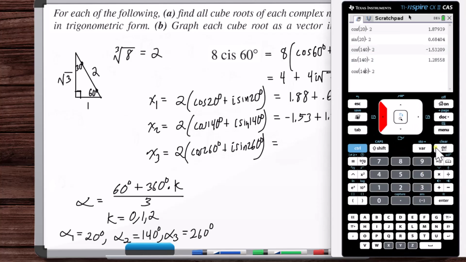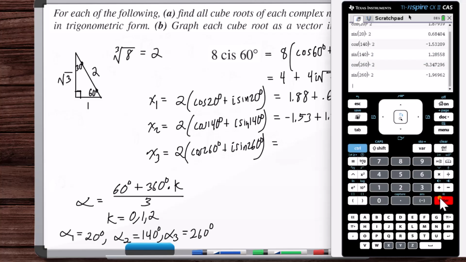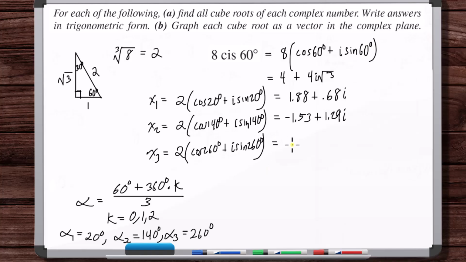Cosine of 260, and then sine of 260 minus 0.35 minus 1.97i. And there you go. If you cubed any of these numbers, you're going to get this.